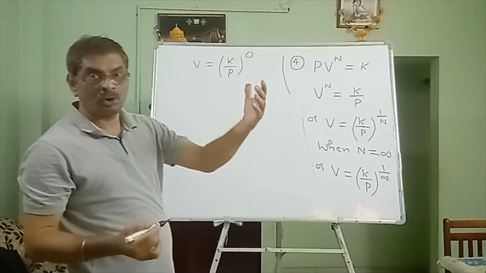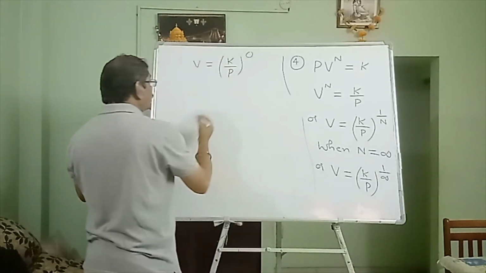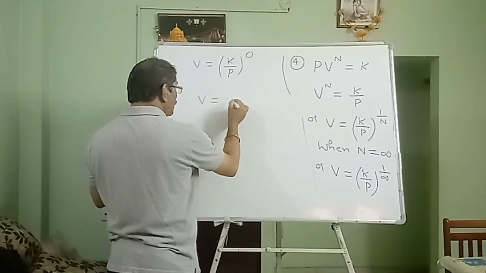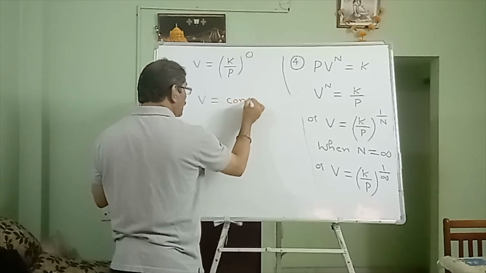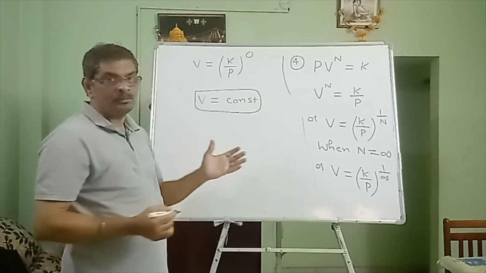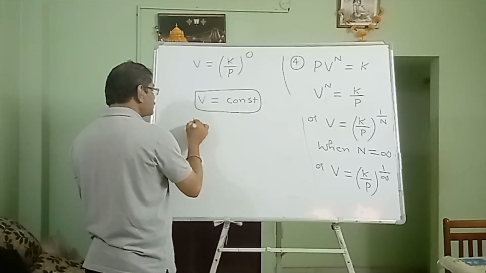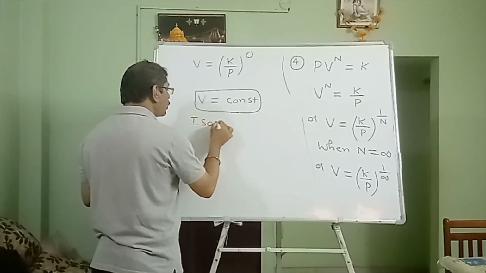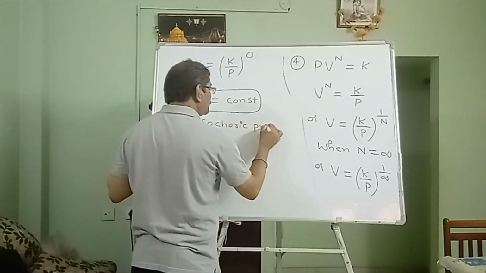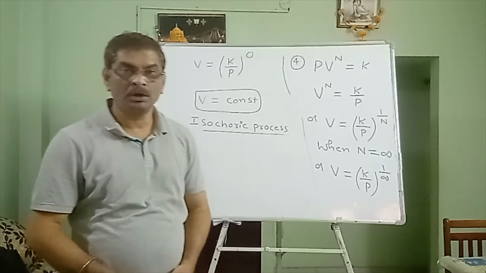Now anything to the power 0 will be equal to 1. Meaning what? Volume will be numerically equal to a constant. So I can write volume will be equal to a constant. This process is generally called the isochoric process.